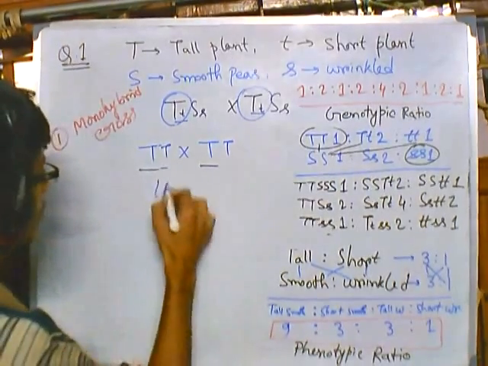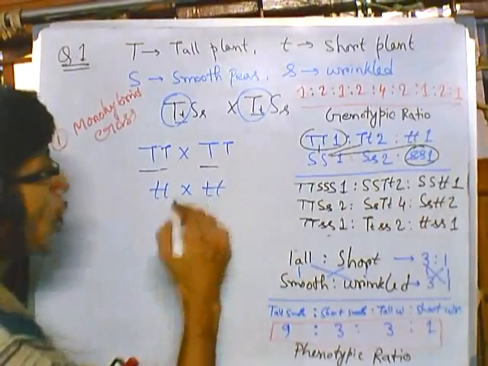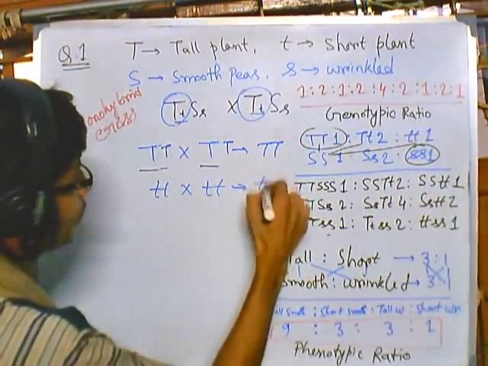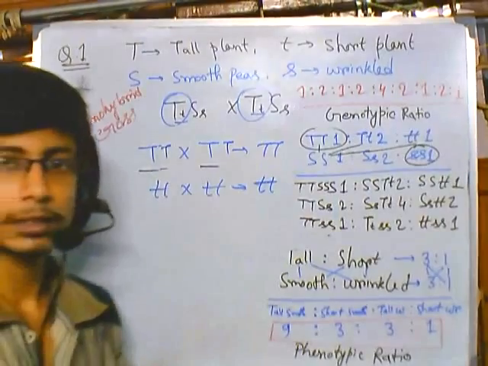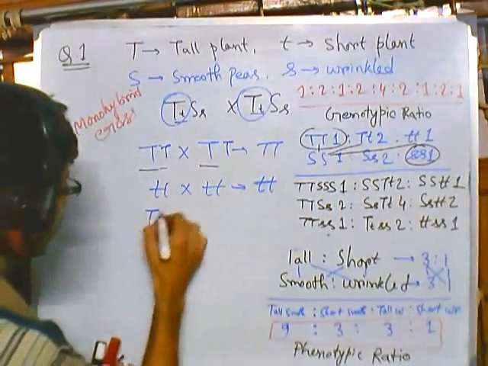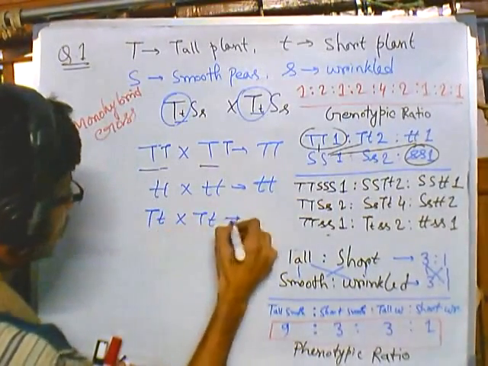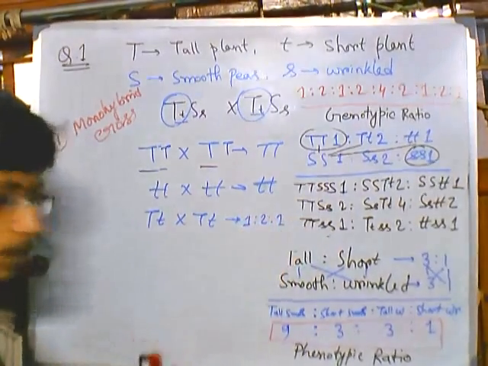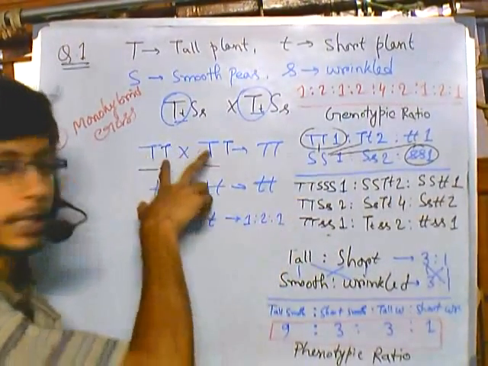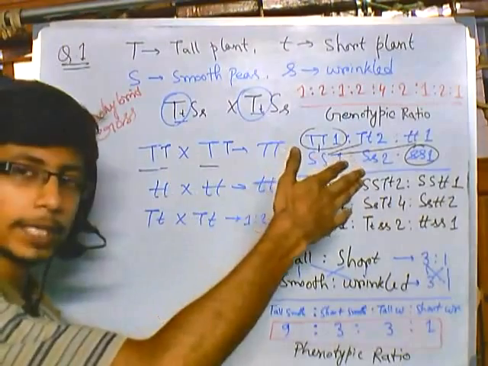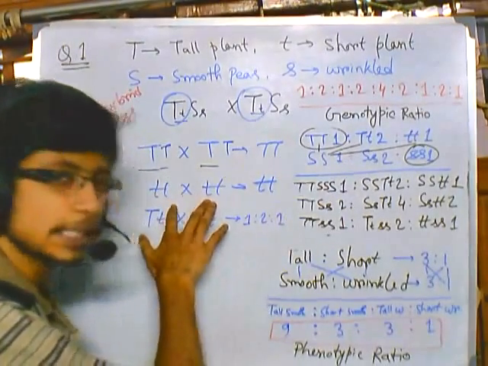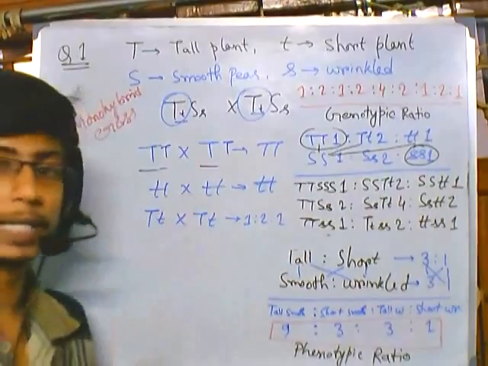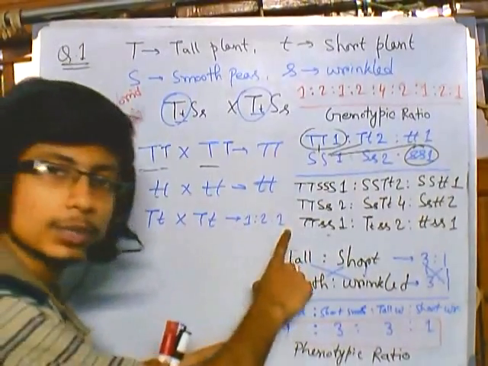If both of them are homozygous recessive, all will be homozygous recessive. These two things are clear. If it is both heterozygous, we have discussed this, then it will be 1:2:1 ratio.